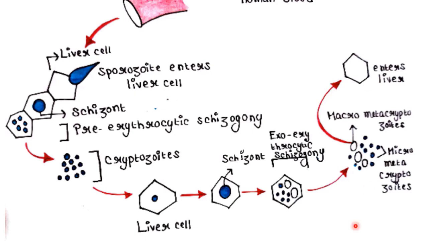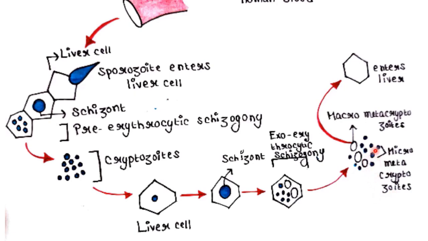Now, these macrometacryptozoites enter fresh liver cells and continue the exoerythrocytic schizogony just like the previous one. So, it will continue the same thing again and again. Now, why do they do that? Because by doing that, they increase the number of parasites in the body of the host. So, this is their strategy.